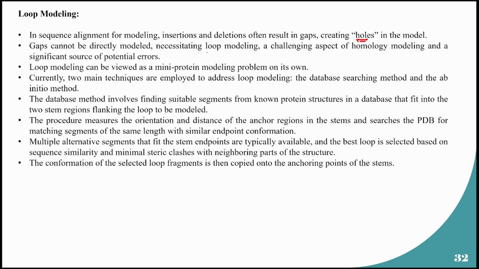So that will necessitate a loop modeling step, which is a challenging aspect because you have to sample a lot of parameters, such as phi angle orientations, for the residues corresponding to the loop region which are missing in the structure. Okay, now there are two methods for loop modeling here: the database searching method and the ab initio method.